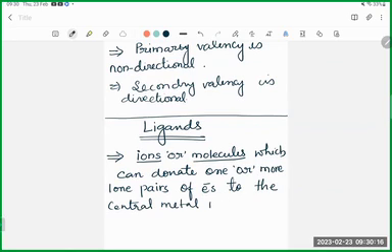You can write ion or atom, no worry. Why do we specify an ionic form? Because it exists in an oxidation state, whether +2, +3 or +1. So ligands are molecules which can donate a pair of electrons to the central metal ion.